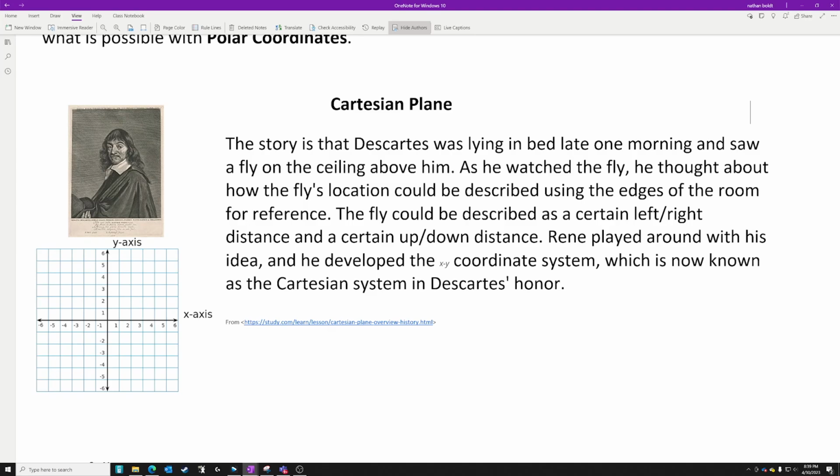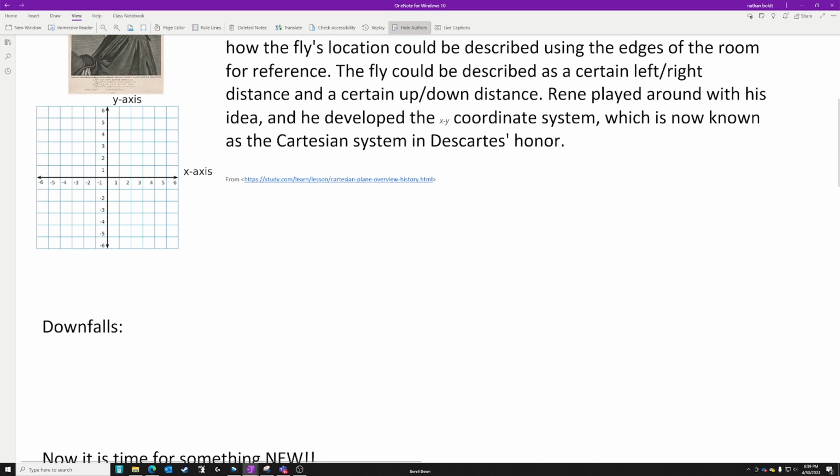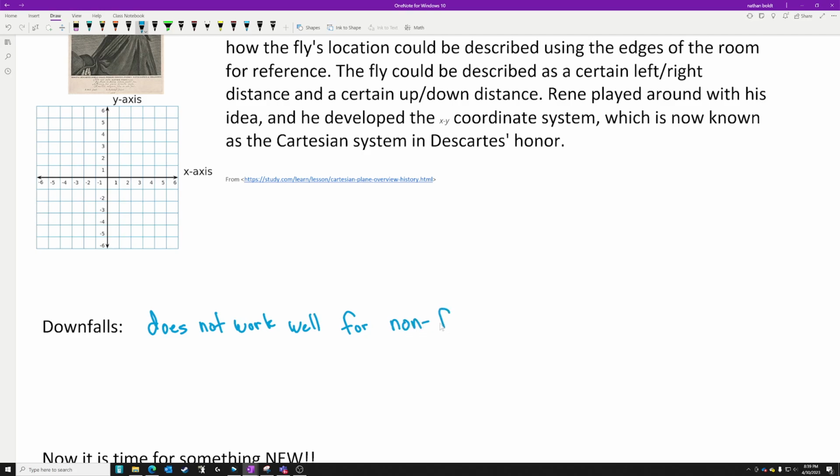And it works really, really well. Except there are a couple of things. Well, one main thing that the Cartesian plane does not do well. It works well for functions, but it does not work well for non-functions.